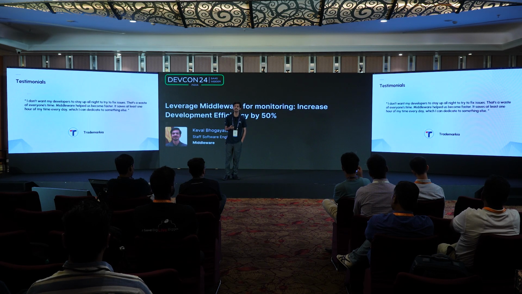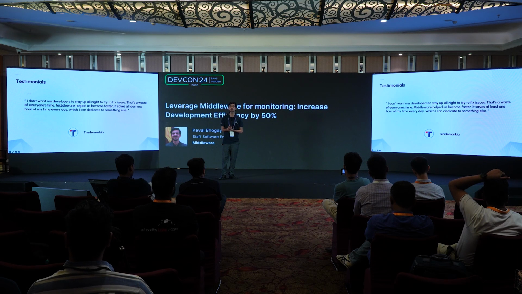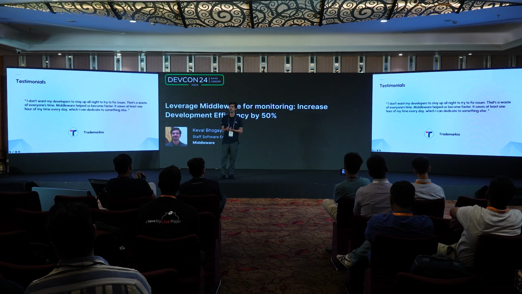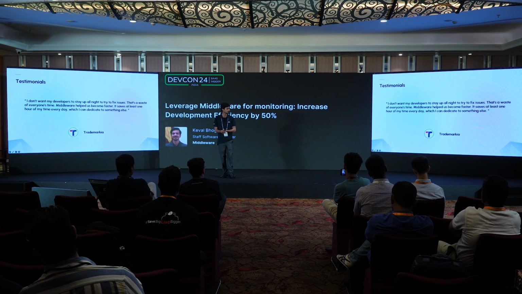So we have a few customers that have been using Middleware for the last few months. And in their feedback, they are saying that they save about 1 hour of time every day since they integrated with Middleware. Earlier, they were doing manual root cause finding, which was taking a lot of development time for them.